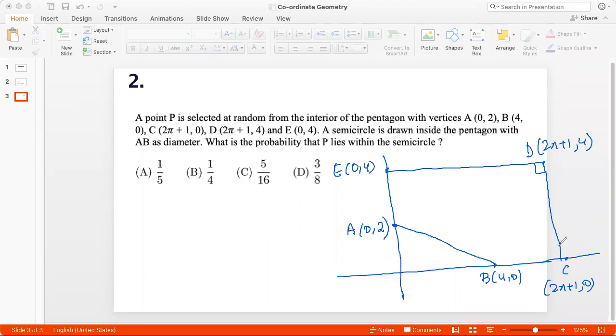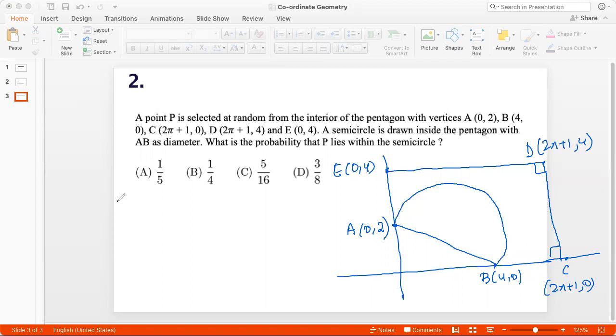So this is perpendicular, this is perpendicular. Now a semicircle is drawn inside the pentagon with AB as diameter. So we have a semicircle like this with AB as diameter. What is the probability that P lies inside the semicircle?